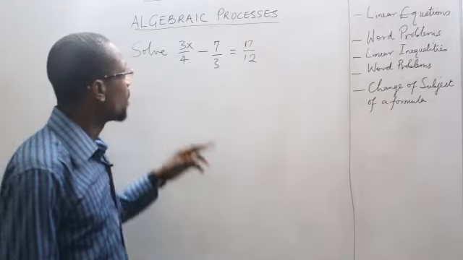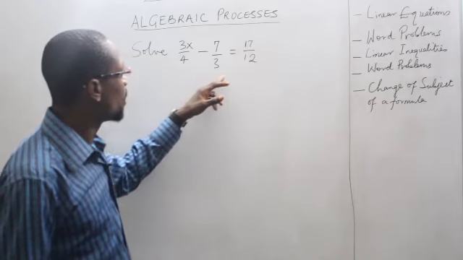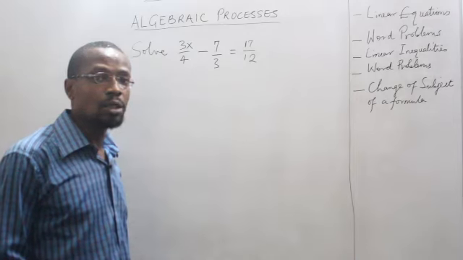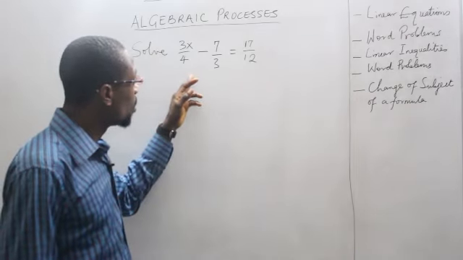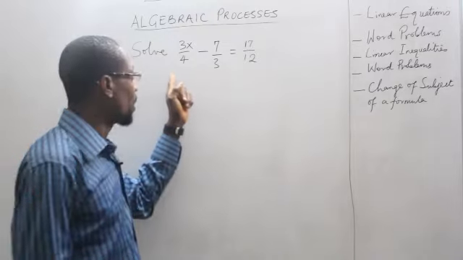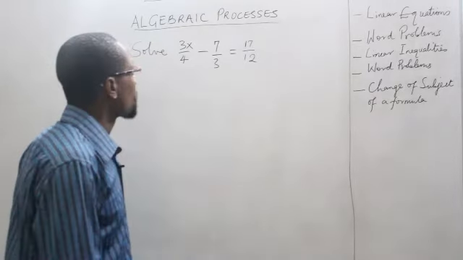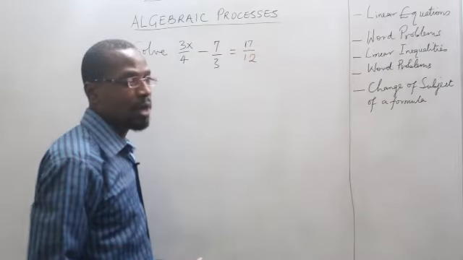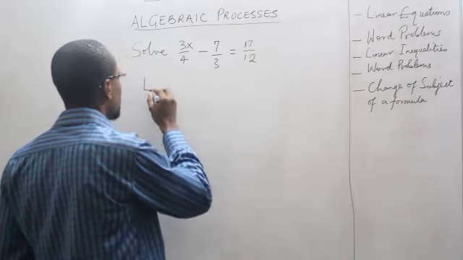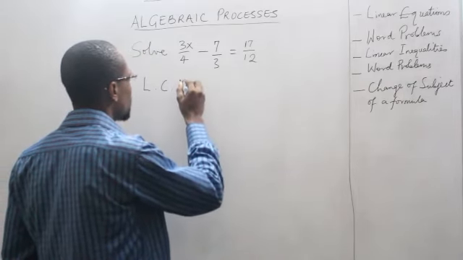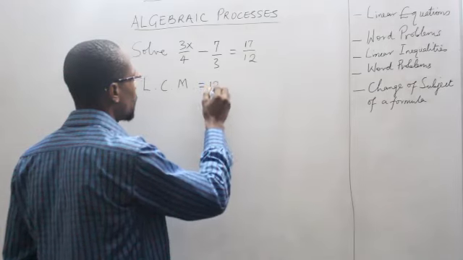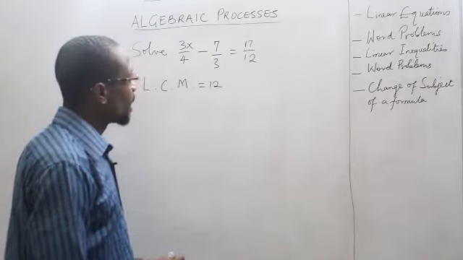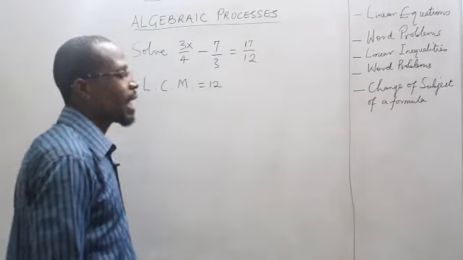For the denominators, there is an LCM that serves the three terms, or the three denominators that we have on the board, and that LCM simply is 12.